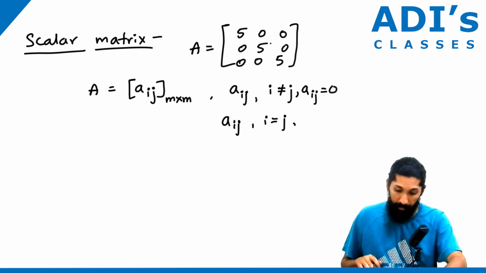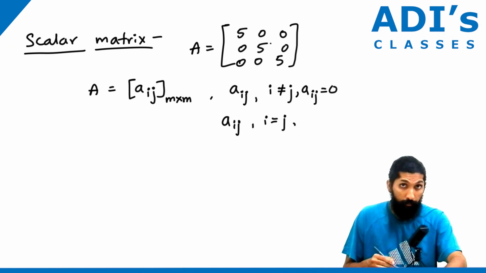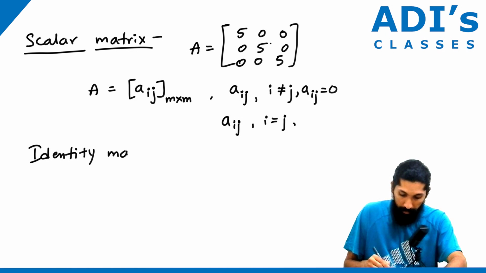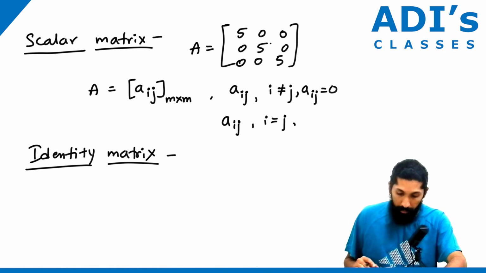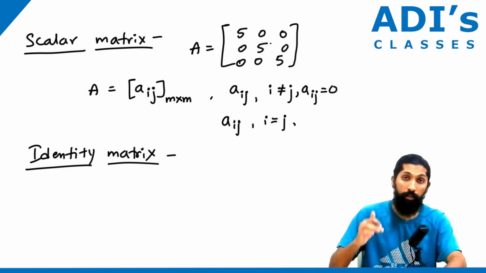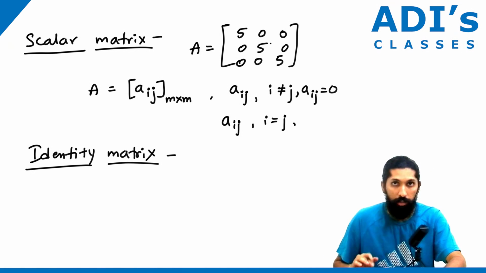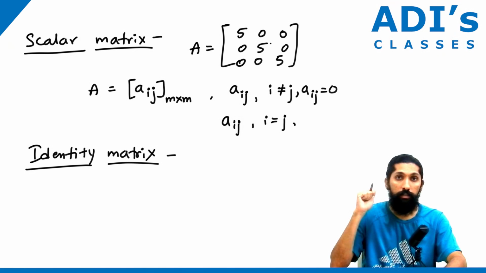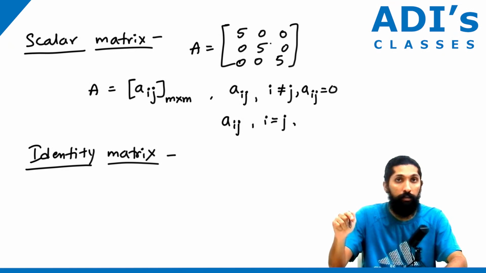Okay, the next type of matrix, a very important one, the identity matrix. Now you are going to use this identity matrix a lot in this and the next chapter, so pay attention. See, an identity matrix is a scalar matrix where the value of the scalar is 1.